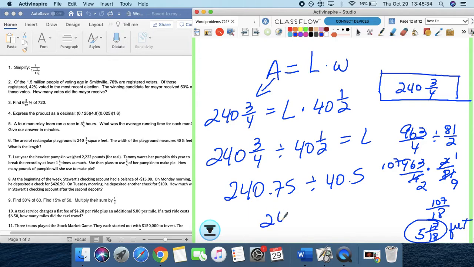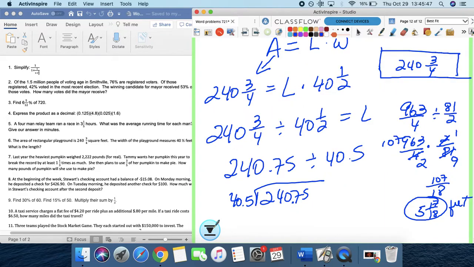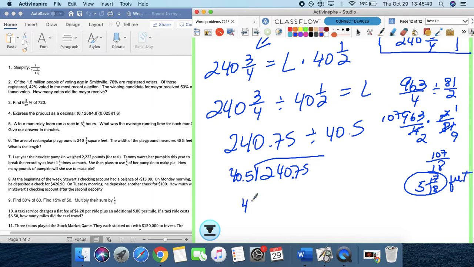Or you can take this and divide it by 40.5, and you can see how many times it goes in. So we'll change the 40.5 to 405. We move the decimal 1 over to get this to be a whole number. And we know it's 5, so it's going to be 2025.